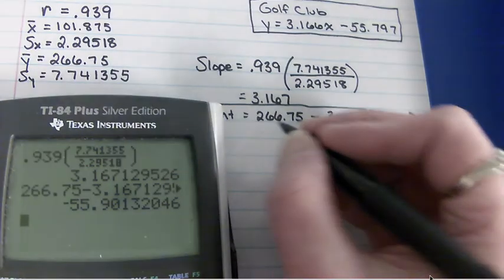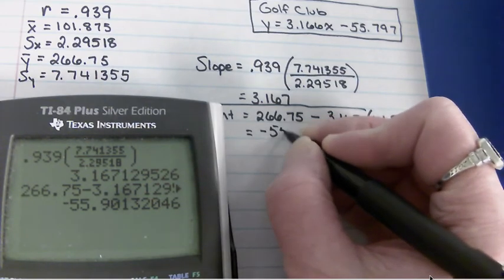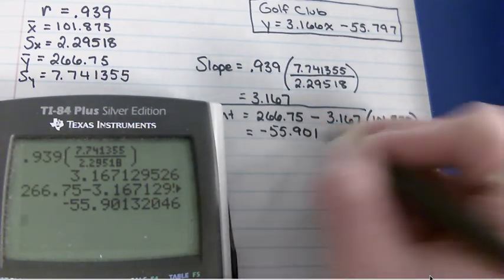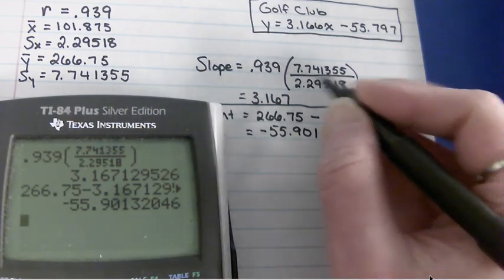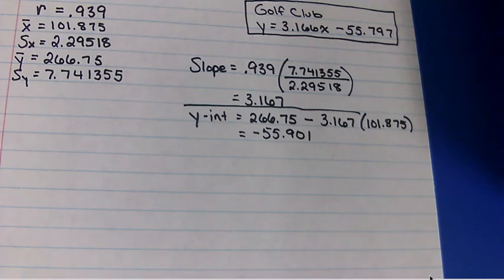It's not quite perfect, but it's close, 55.901. It's off a little bit because we rounded somewhere, but we're still pretty close to what we needed to be at. So just showing you that you can use a formula, which you might have to do on some of the homework, to also find a regression equation.